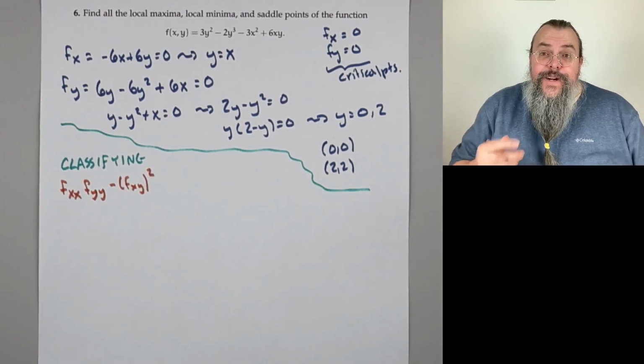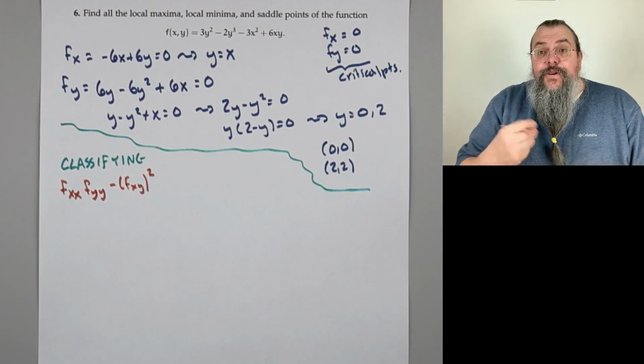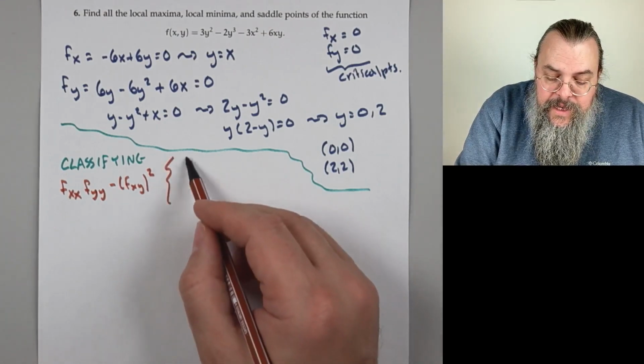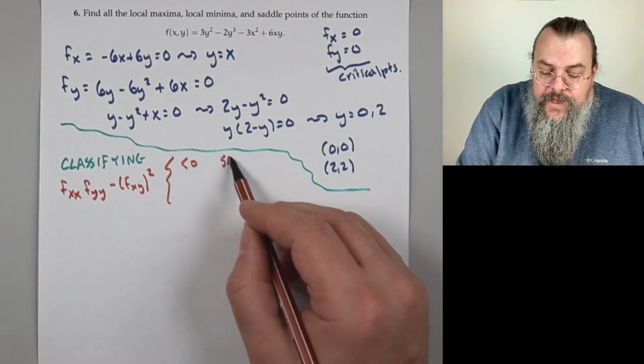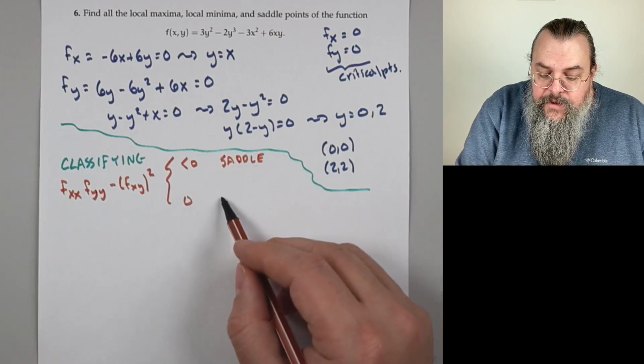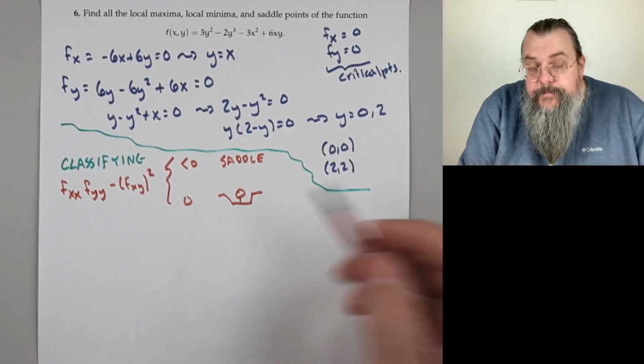That's what we're after. We want to know, is this positive, is it negative, or is it 0? Now, if it's negative, well, we're definitely done already. It's a saddle. If it's 0, well, we don't know what to do.